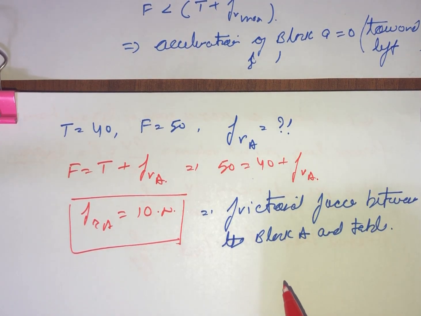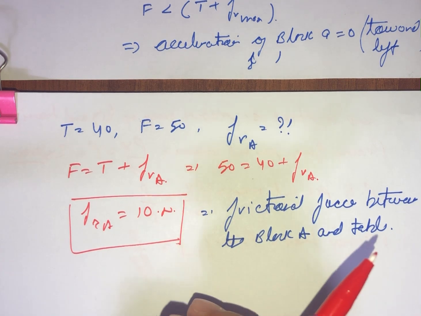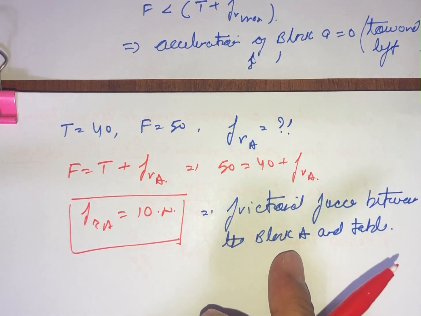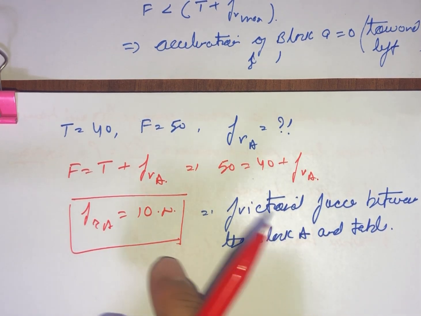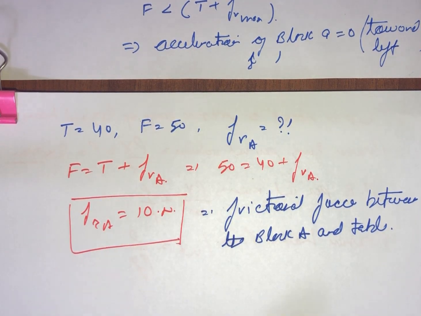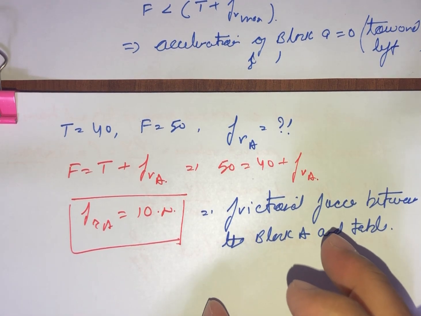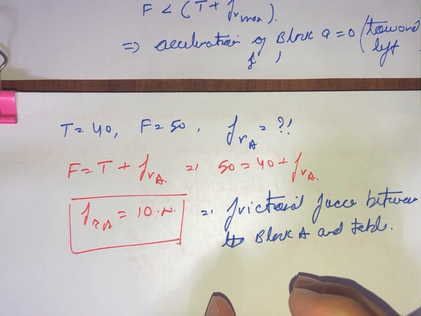So if the block is not moving towards the left, obviously the frictional force will not be the limiting one. From here you can say that because the acceleration of the block is 0, the block will be in balanced condition.